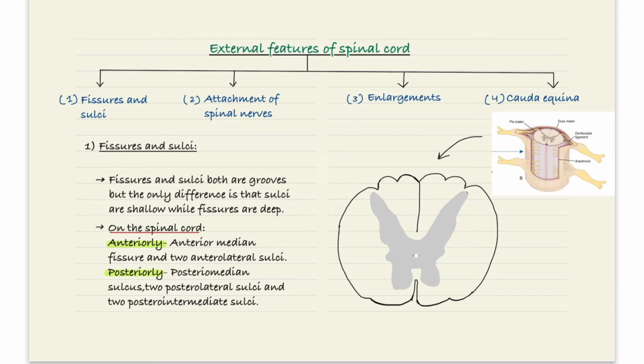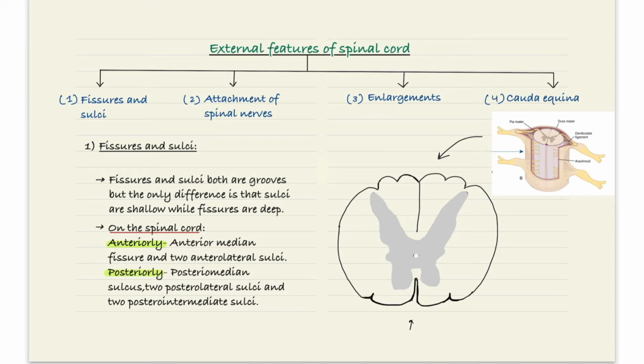So we will see this in this diagram. This is the cut section of the spinal cord. So anteriorly means this is the anterior part. Here we see anterior median fissure, and fissure is deep. So this anterior median fissure is deep, as you see, and 2 anterolateral sulci. So 1, 2.